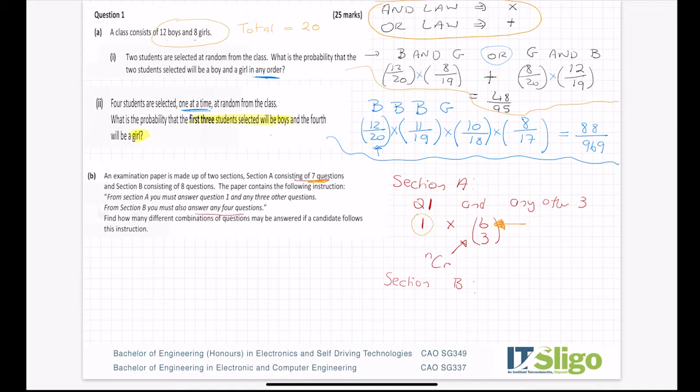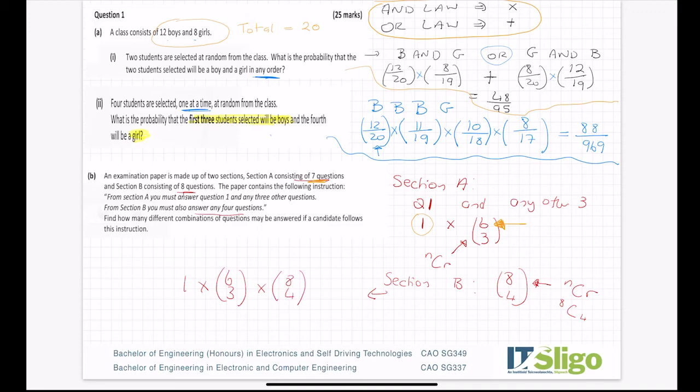Section B, on the other hand, has 8 questions, and you can do any 4 out of those, so no restrictions. So it's an 8 choose 4. And again, that's an nCr, so into your calculator you will put 8C4, in that order. So your final answer for this one is 1 times 6 choose 3, times 8 choose 4.